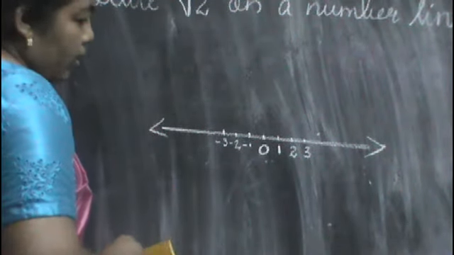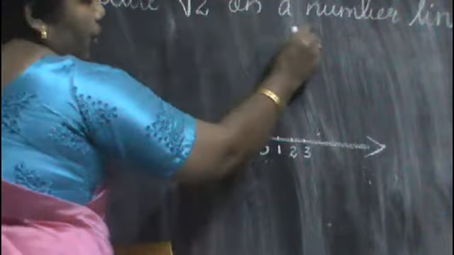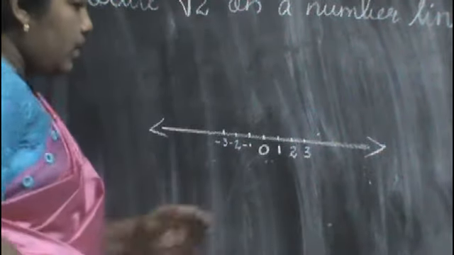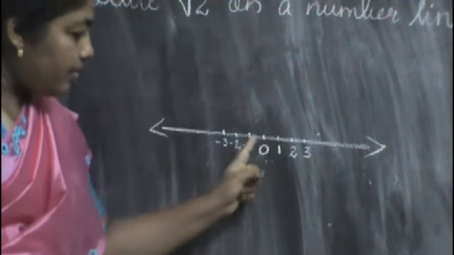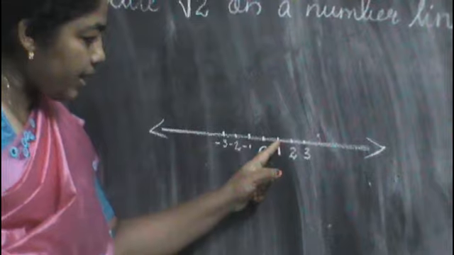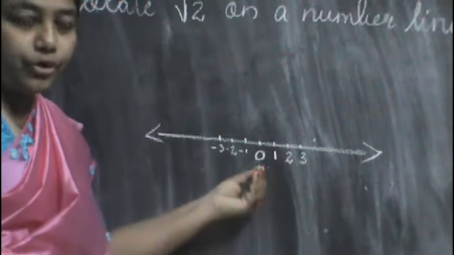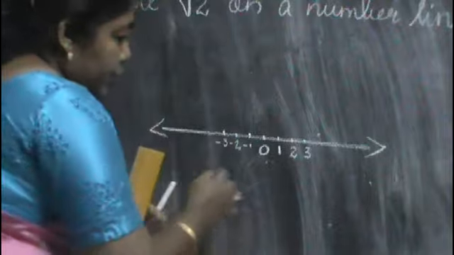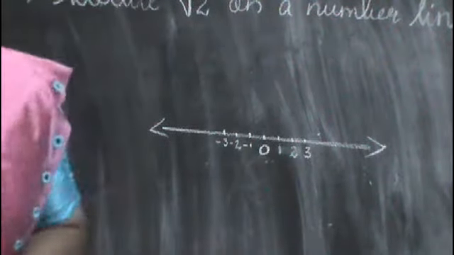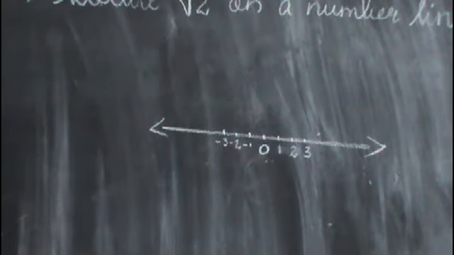Now we can locate root 2 on a number line. All of you listen. When I take 1 centimeter, it is difficult for you to understand, so I will take 2 centimeters as 1 unit.